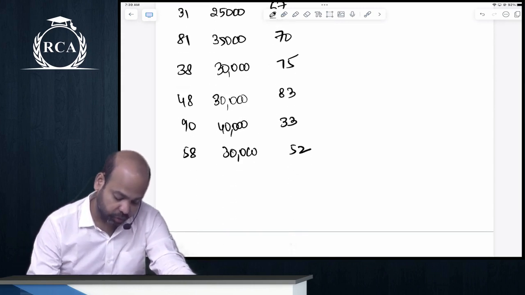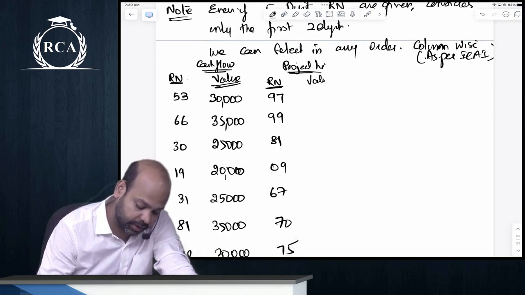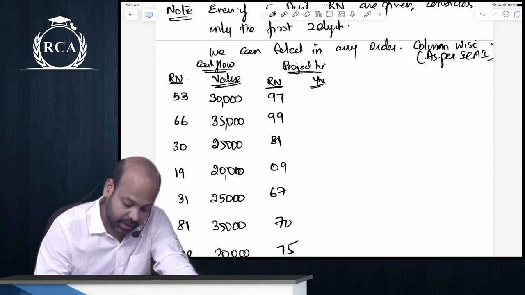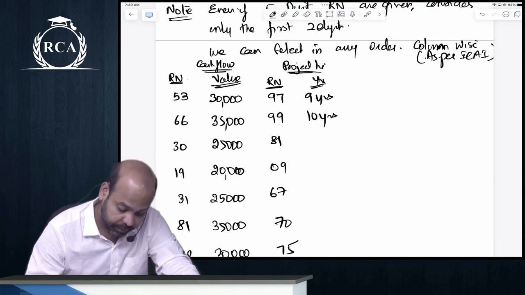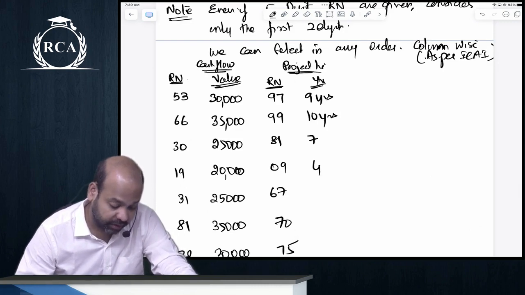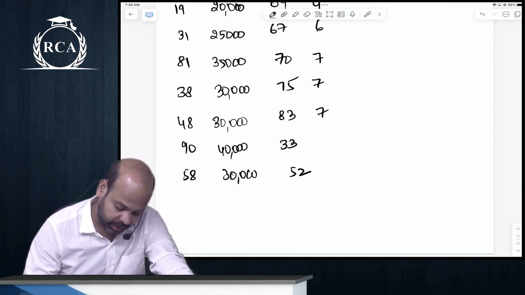These are your cash flows to be considered guys। अभी बेटा वैसे ही लाइफ में बेटा what is the value guys? How many years? Against a random number of 97 बेटा we have 9 years। 99 के against 10 years। 81 7 years। 09 4 years। 67 6, 70 7, 7, 7.